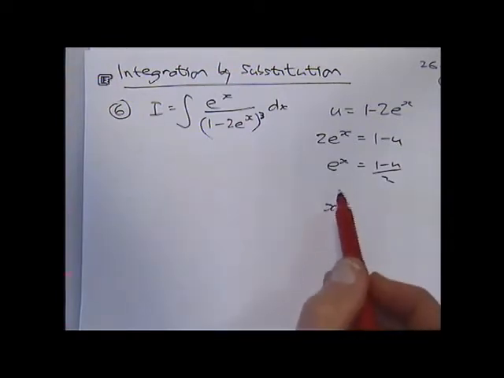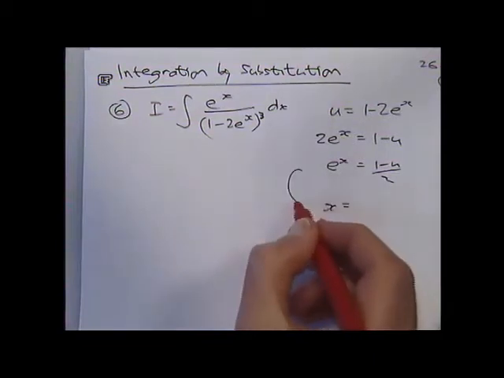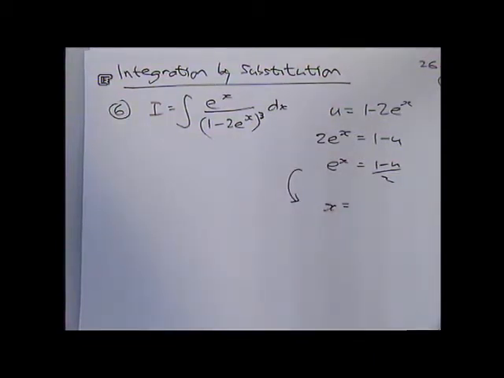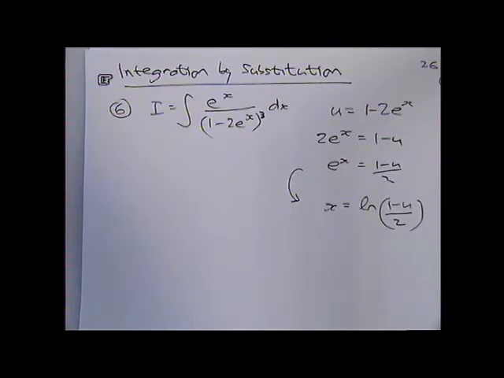So if I know what e to the x is, what do I need to do to go from e to the x to x? Log it, yeah. So over here this is log of 1 minus u over 2. And a calculator at the same time, please.